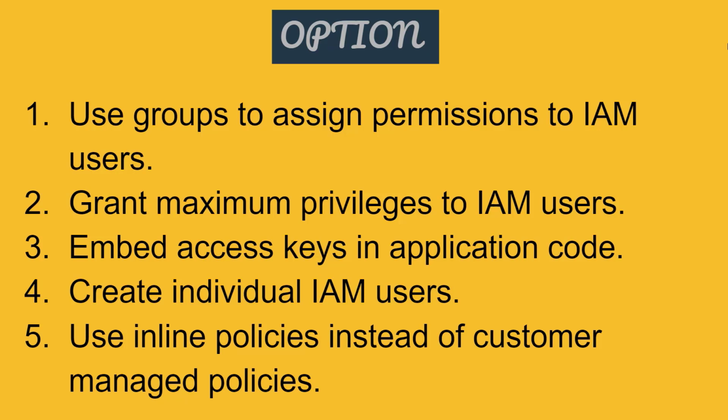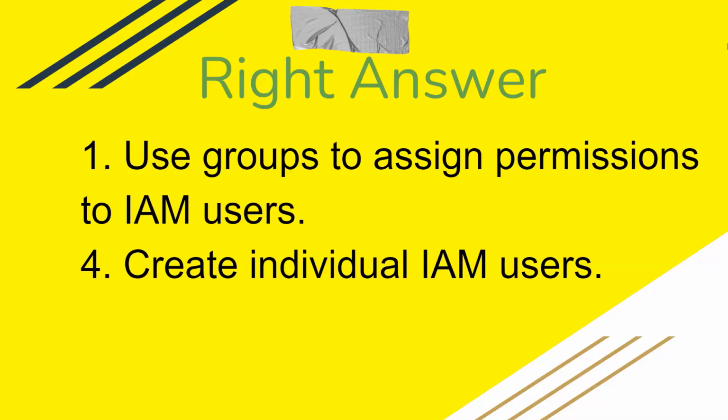Embed access keys in application code. 4. Create individual IAM users. 5. Use inline policies instead of customer-managed policies. Right answer. 1. Use groups to assign permissions to IAM users. 4. Create individual IAM users.